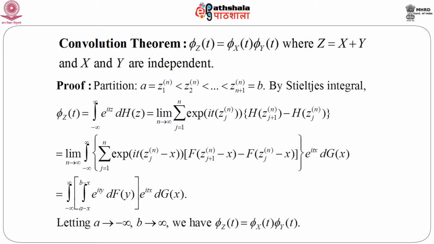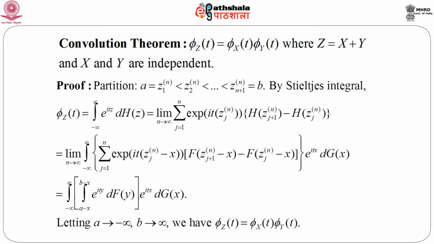So, if you look at this entire expression and consider the limit, then this quantity would be the integral of e^(ity) from a minus x to b minus x, dF(y). That means, just by putting z minus x equals y, we will get this expression.